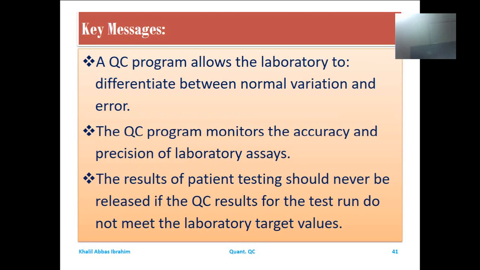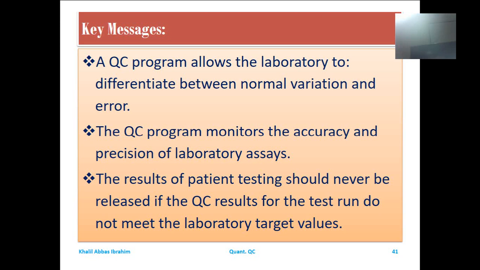The key message to be sent to our clients and to the attendees is that an accuracy program allows the laboratory to differentiate between normal variation and errors. Errors are always there in the laboratory. I need to point out this truth. Always errors are there, because the laboratory profession is complicated, and when a profession is complicated and difficult, it is always associated with problems, mistakes and errors.